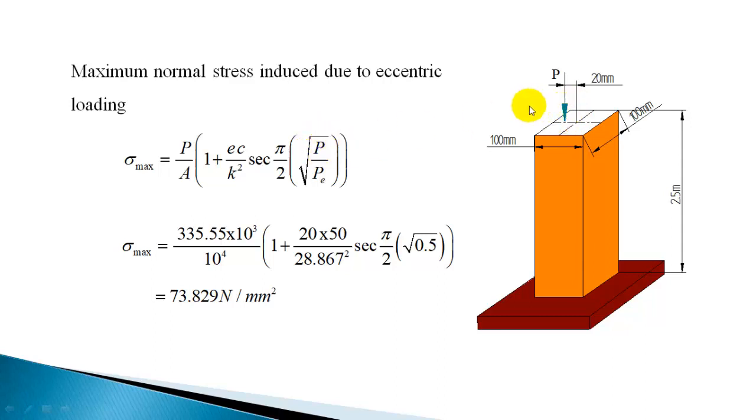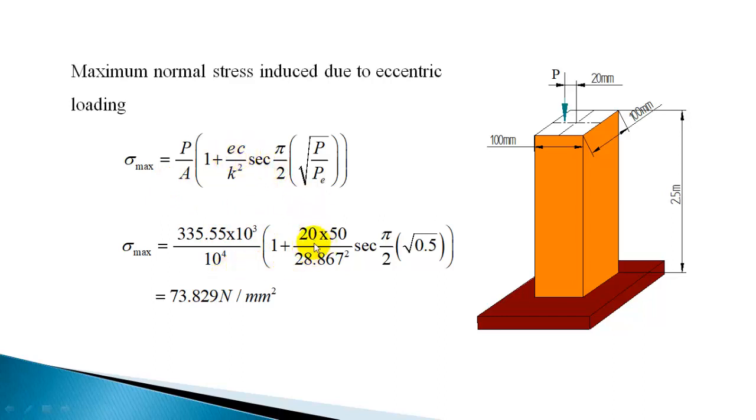So P is equal to PE by 2, and you will get P by PE as 1 by 2, or 0.5 under the root. The load is 335.55 kilonewton, so 335.55 into 10 raised to 3 Newton. Area is 10 raised to 4.